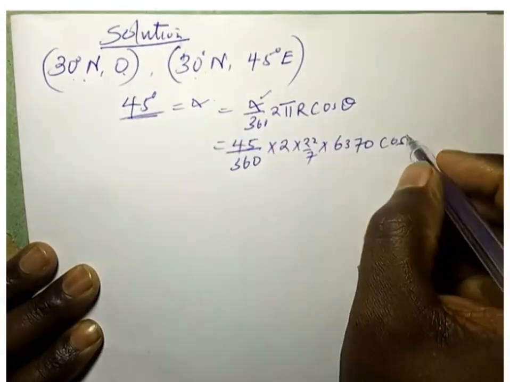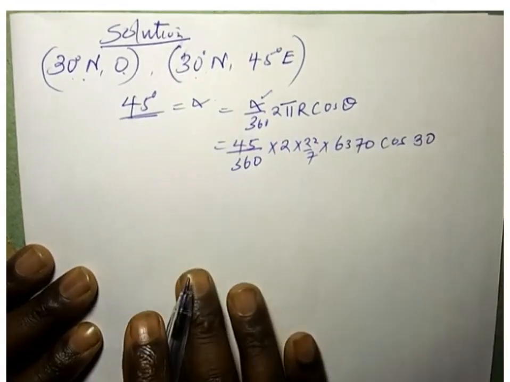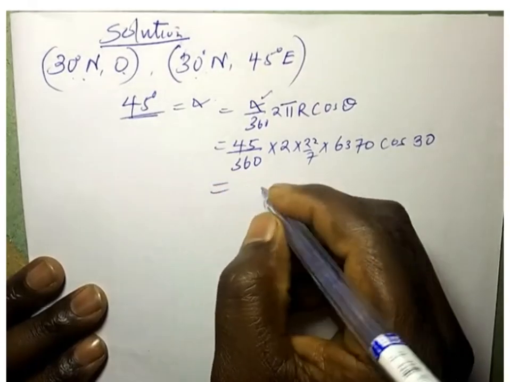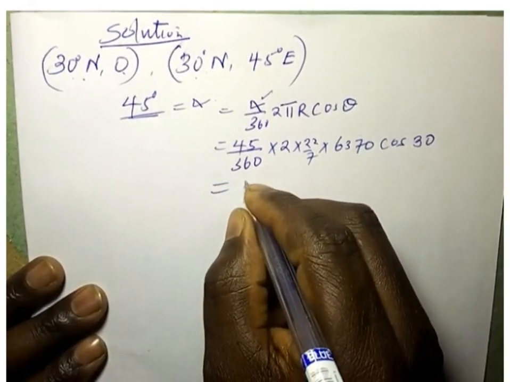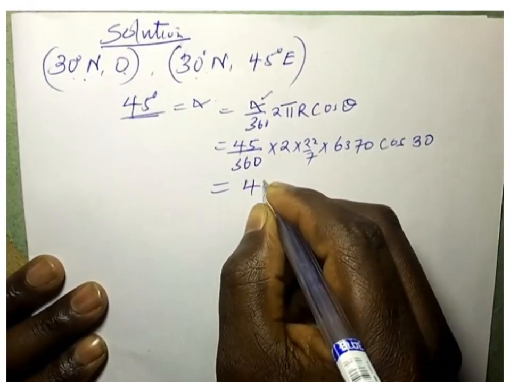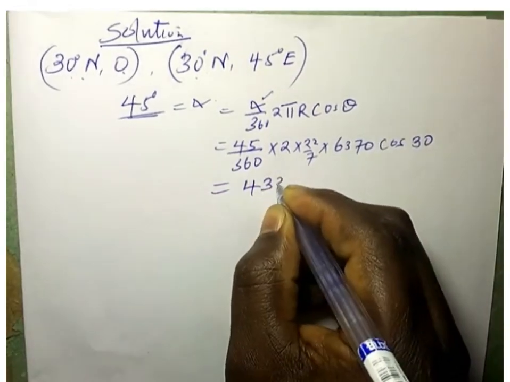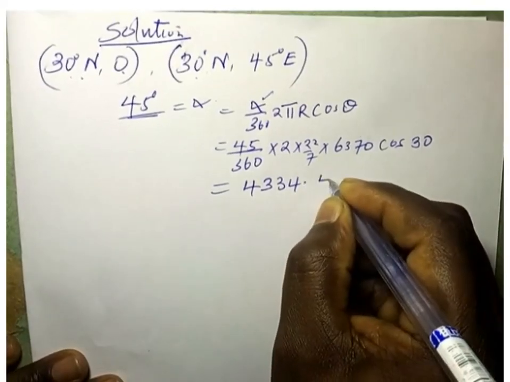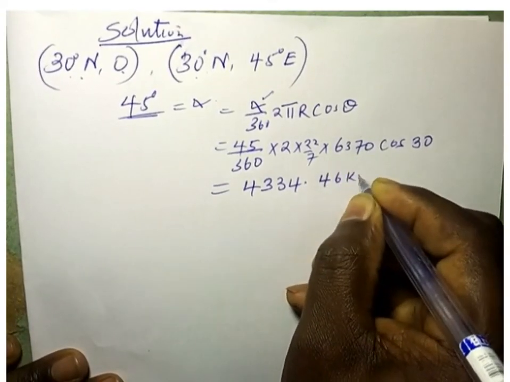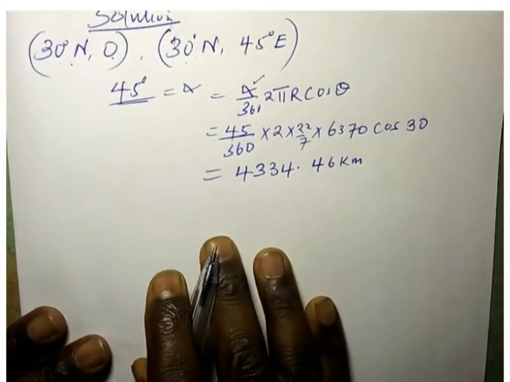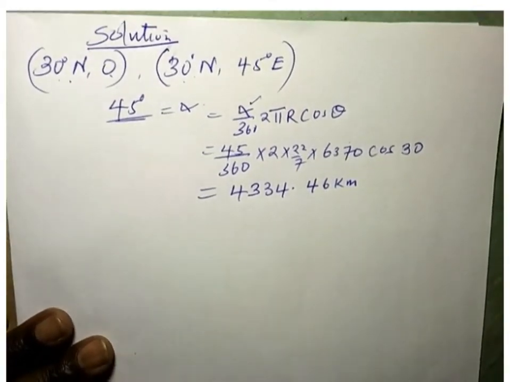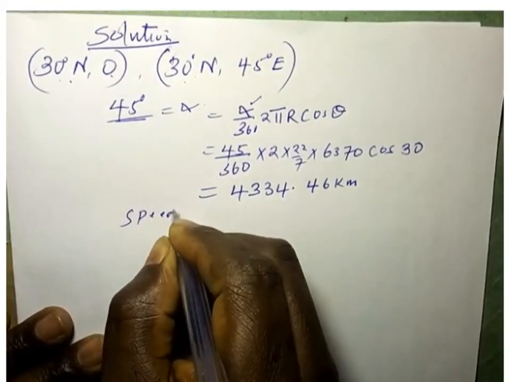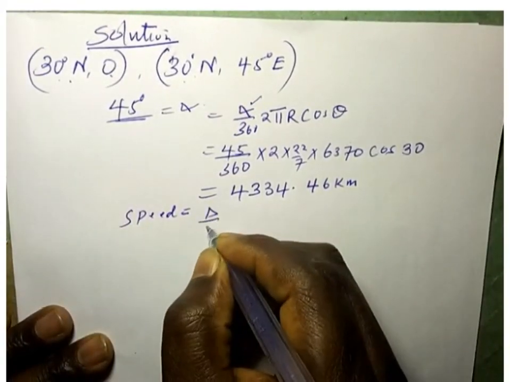The latitude is 30, cos 30. This one will give us the distance as 3334.46 kilometers.